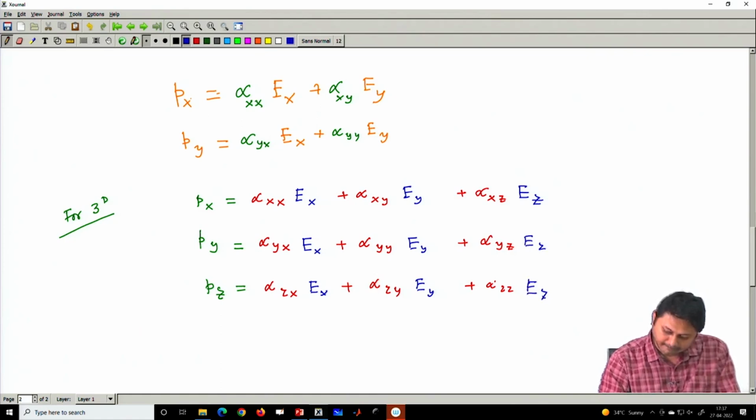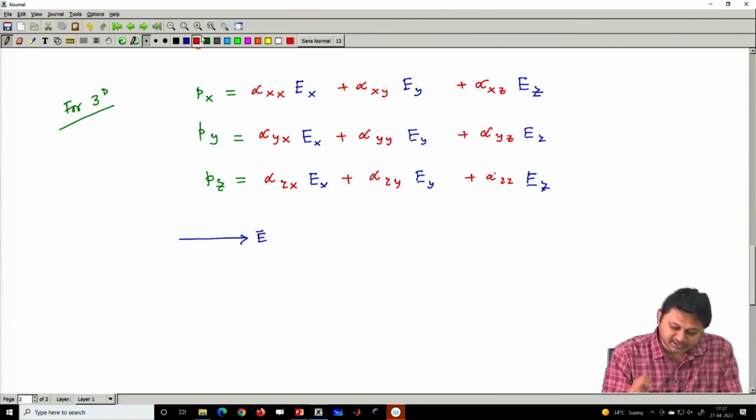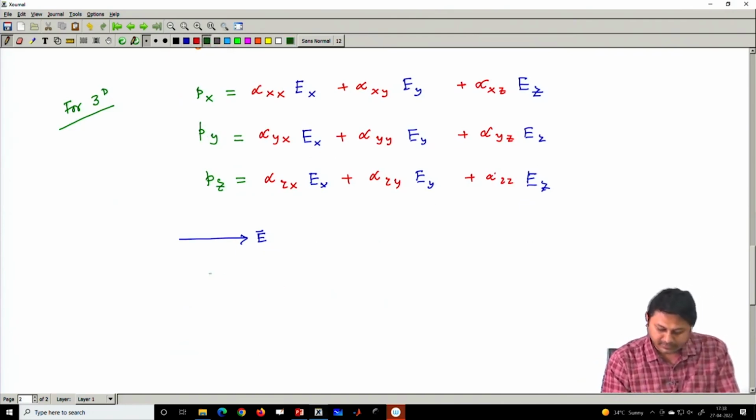So, my electric field is E and my polarization is P, but the x component of these things depends on the x, y, z components of the E and so on.